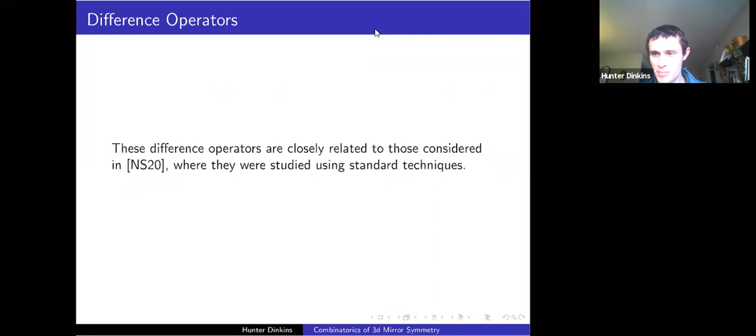It's cited in many places, but it was just posted on the arXiv last December. So if you use standard techniques to study these families of difference operators, you can prove that they behave as we expect, and thus also that the 3D mirror symmetry of vertex functions for this very specific variety on this very specific fixed point does what it's supposed to do.